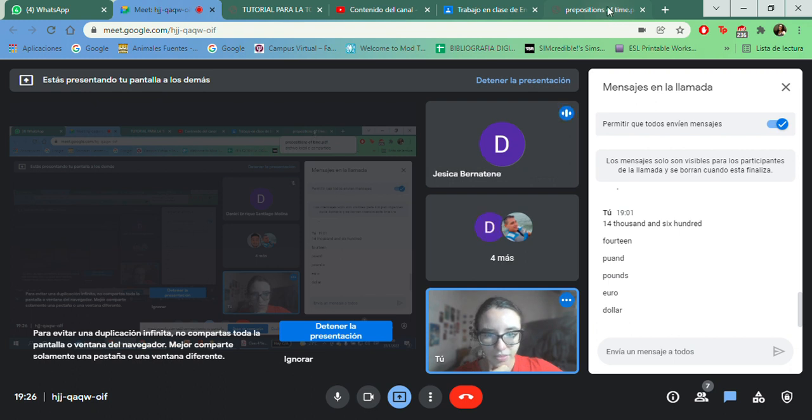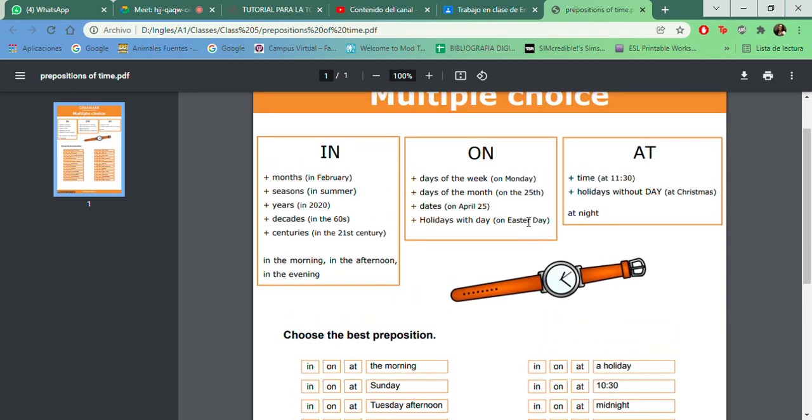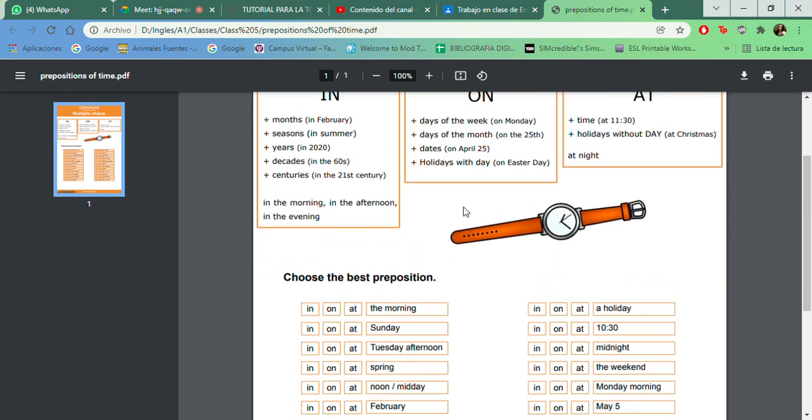No, on spring? No. Remember, for long periods of time, we use in, okay? For specific days, we use on, okay? Long periods of time, 4 months. Like, seasons are 4 months, so it's long. In spring, exactly.